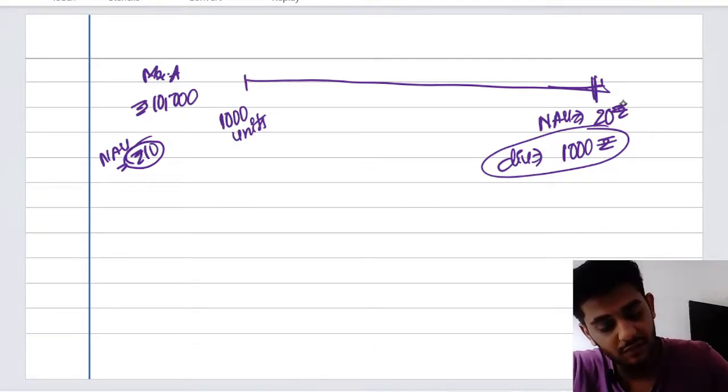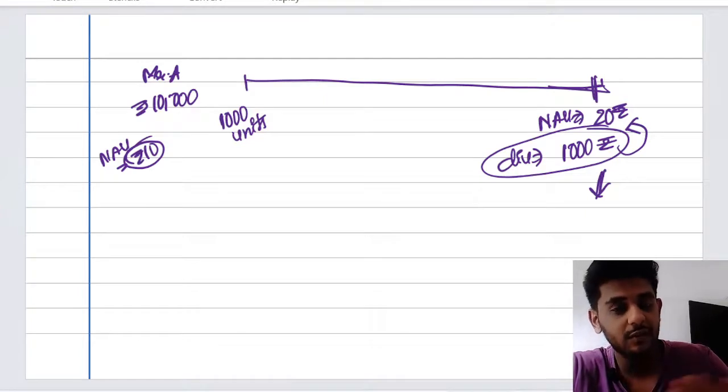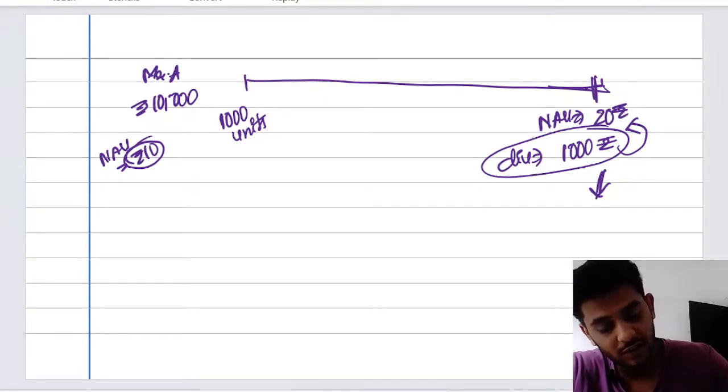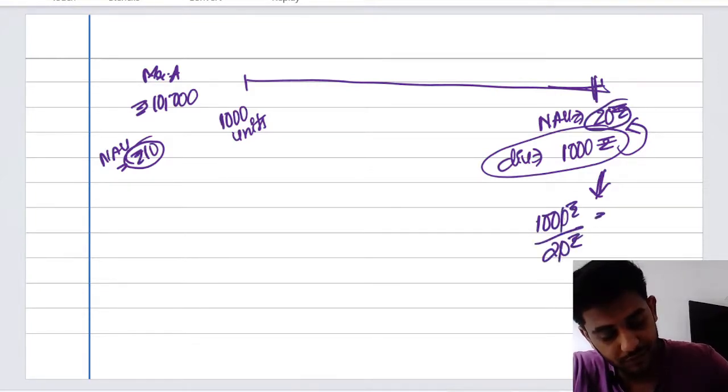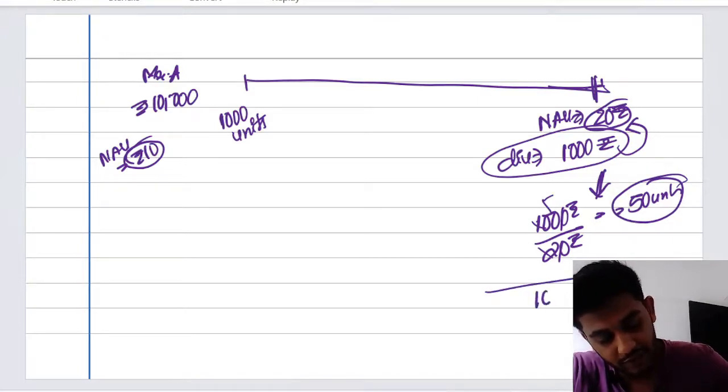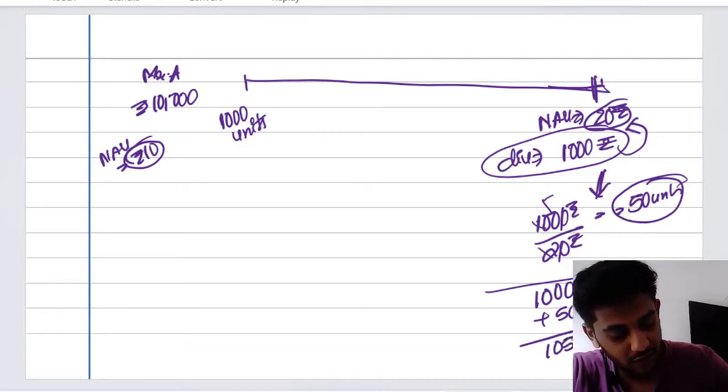But in the dividend reinvestment plan, the mutual fund house will convert this dividend into units and keep it in the investor's portfolio. The 1000 rupees is here. The current NAV is 20 rupees, so it will give 50 additional units to the investor. So the total number of units held by the investor will become 1000 plus 50, 1050 units.